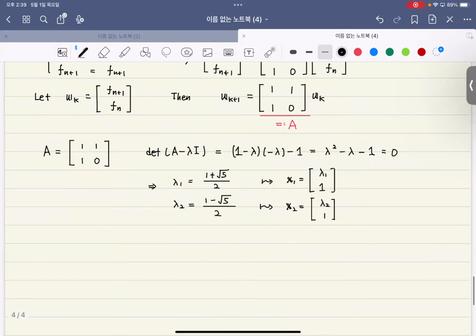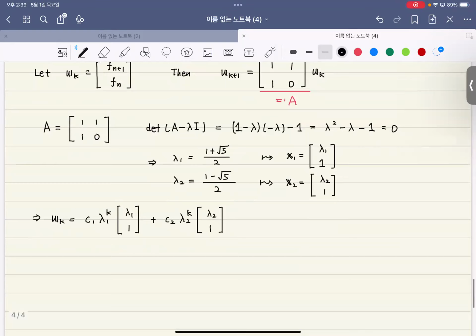So UK is C1 times lambda 1 to the K times the vector lambda 1 and 1, plus C2 times lambda 2 to the K times the vector lambda 2 and 1. All I need to do is determine these coefficients C1 and C2.